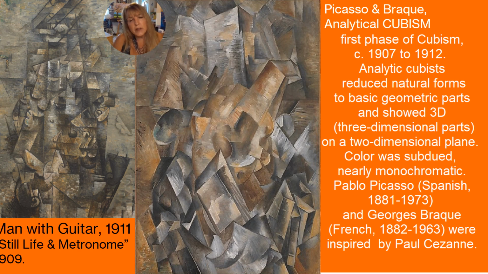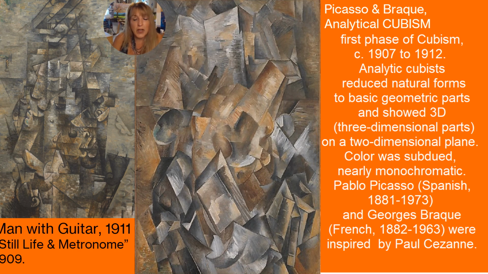Now, the person who gets most of the credit for Cubism is, of course, Picasso. But Georges Braque was certainly just as much a part of the movement as Pablo Picasso. So we really should balance it by giving him credit. So the colors are subdued, nearly monochromatic, and these were inspired by the works of Paul Cézanne.